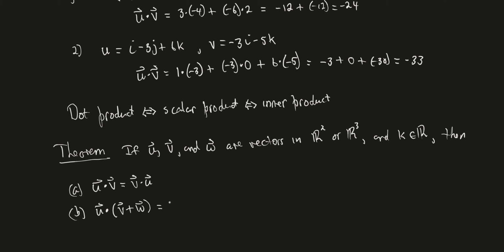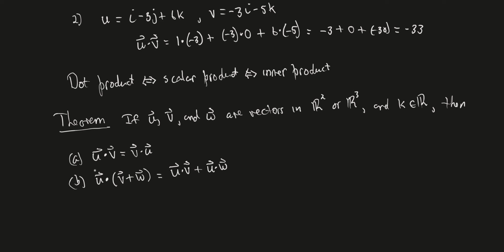So you can write this as u dot v plus u dot w, right? So you have your distributive property there as well. Just keep in mind now that these are vectors, and what we're performing here is this dot product.